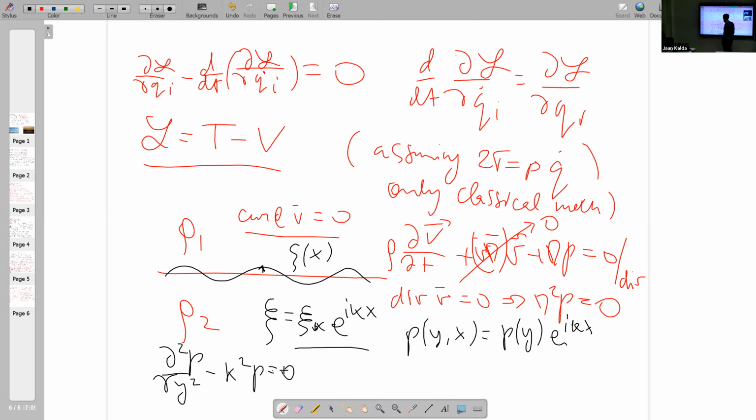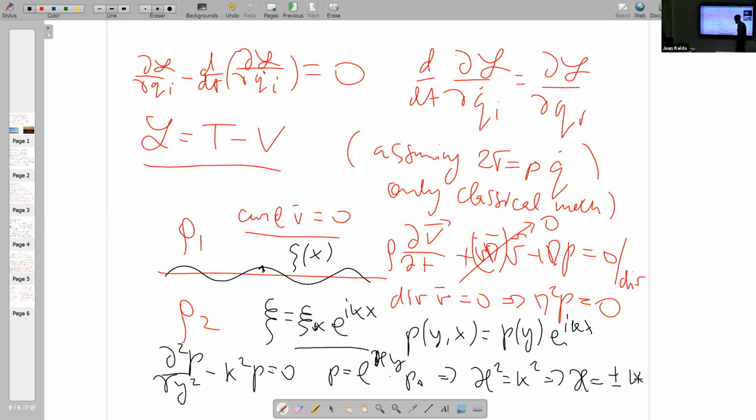If we write the characteristic equation for P, looking for a solution of the form P equals P naught e to the power of kappa y, with a certain amplitude P naught, then from the condition that the Laplacian is 0 we obtain kappa squared equals k squared, so kappa equals plus or minus k.